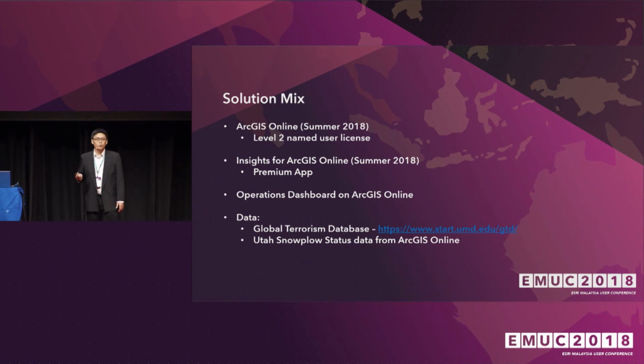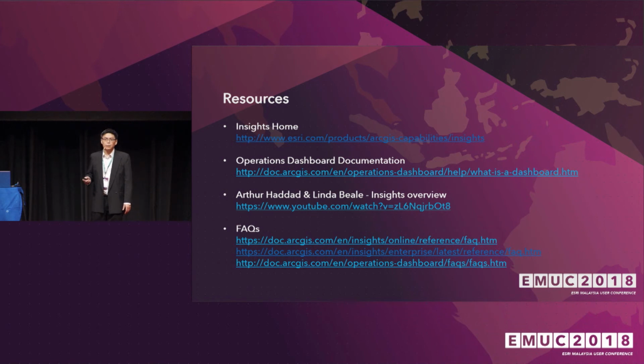Some data that I've used, for the terrorism data, I'm using Global Terrorism Database, and for the truck dashboard, I'm using the Utah snowplow status data. And these are some of the resources available online that you can find out more about Insights, Operations Dashboard, and some of the videos and FAQs available.